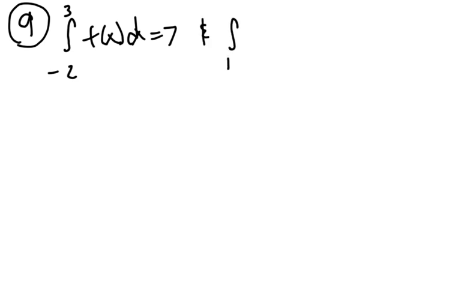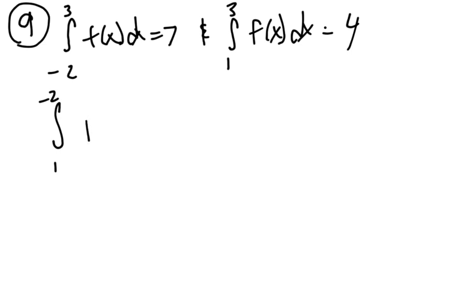Says if we have, and this is the same starting information, the integral from -2 to 3 of f of x dx equal to 7, and the integral from 1 to 3 of f of x dx equals 4. Evaluate the integral from 1 to -2 of f of x dx.